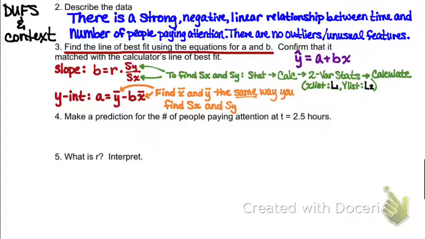After you find the values from the calculator, make sure you plug them into those formulas so that you can actually find A and you can find B. This is another way to find your regression equation. There are times on the AP exam where they give you raw data, like I did up at the top here, and you have to find your regression equation.